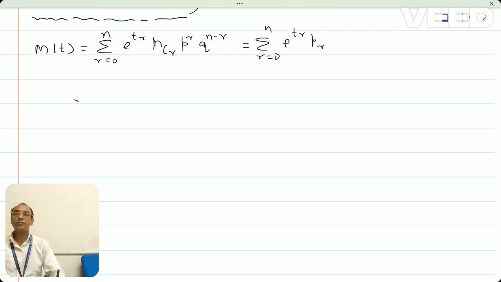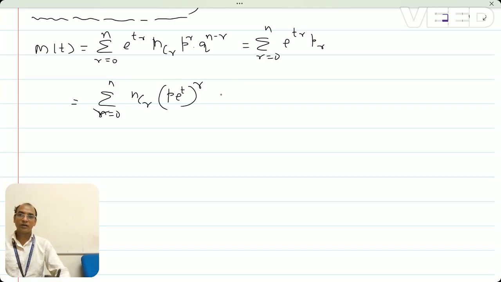And if I further simplify this, I can have summation r equal to 0 to n, and here I will take nCr outside. So here e to the power tr is there, here p to the power r is there. I will combine both of them, and I will say p e to the power t whole to the power r, and then q to the power n minus r.